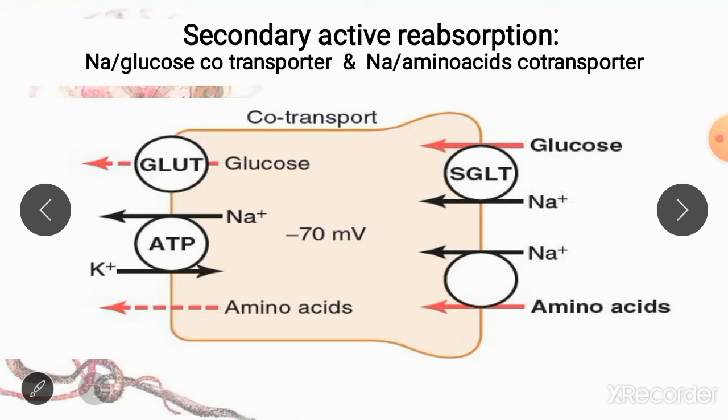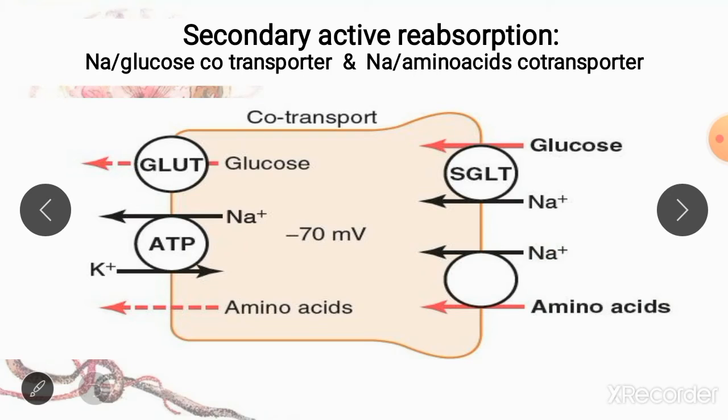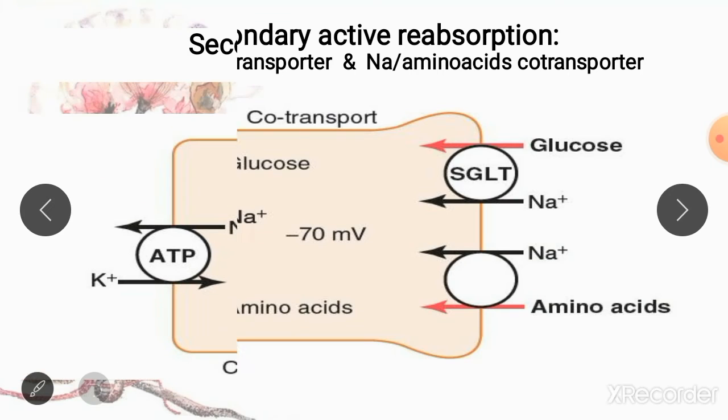So another example is sodium amino acid co-transport. Sodium, when it enters the cell, brings along amino acids with it, and then this sodium is thrown out with the help of a sodium potassium pump, and amino acids diffuse out of the cell into the interstitial space and then into the peritubular capillaries. So this is an example of secondary active reabsorption.